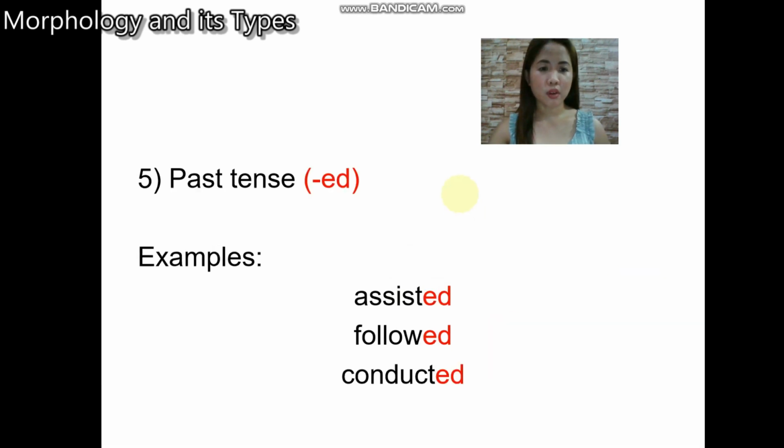Another inflectional morpheme takes the form of the past tense with the D and ED form. Say for example, we have assisted, followed, and conducted. Remember that past tense of the verb are considered as either regular verbs, which are only added with the D or ED form, and the irregular verbs which change their spelling, as in the words teach, taught, think, thought, bring, brought.